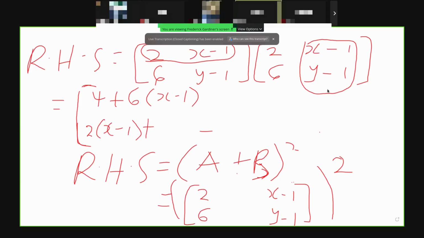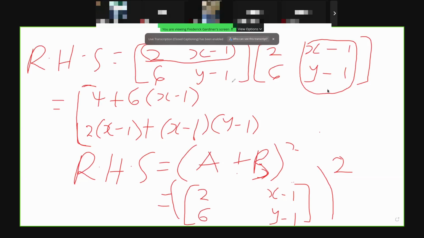Then we add the product that we are going to get from x minus 1 multiplying y minus 1.